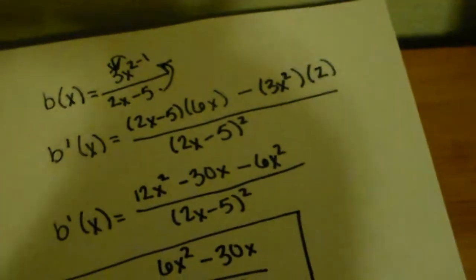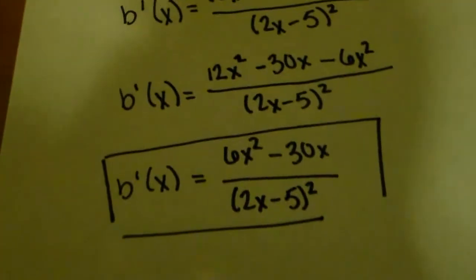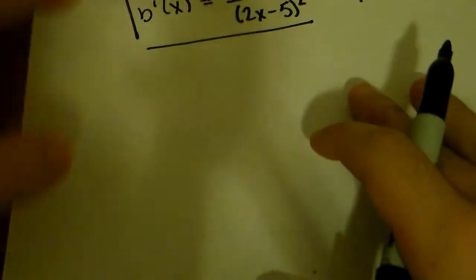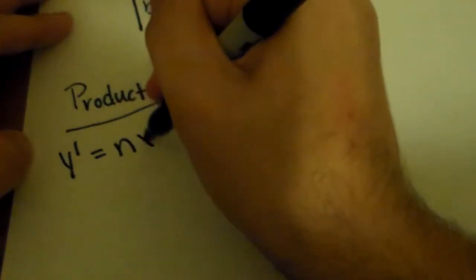So that pretty much covered the basics of the derivatives, and as that, I will leave you with these 3 equations again. The power rule: to find the derivative, it will be n x to the n minus 1.